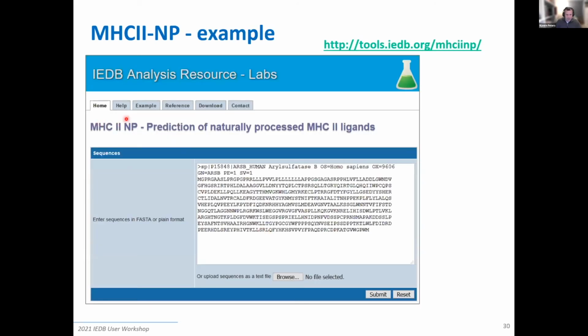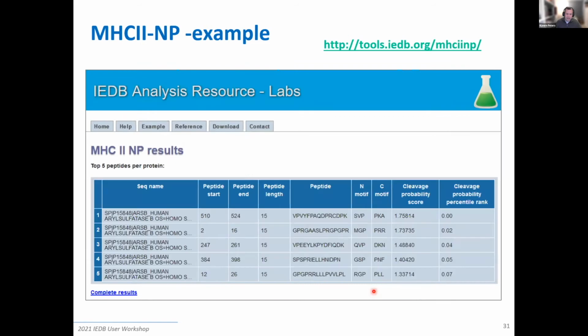So here, this is the tool entrance form where you put in the sequence. You don't actually have to add any other parameters, and you can just submit and then get the results back where the peptides are scanned, and you get back for each 15-mer peptide what is the peptide itself, and what is the N-terminal and the C-terminal motif.